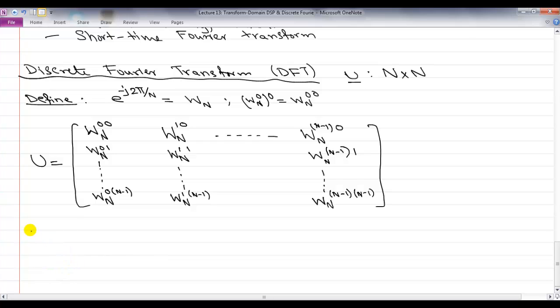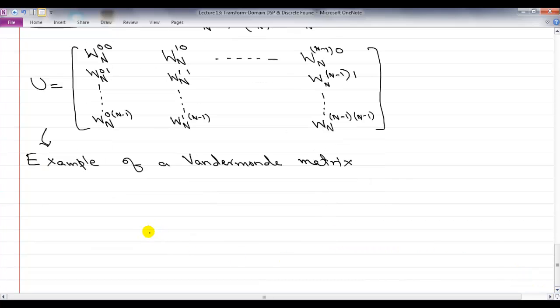I just want to point out that this DFT matrix is actually an example of a Vandermonde matrix, which is defined as follows.